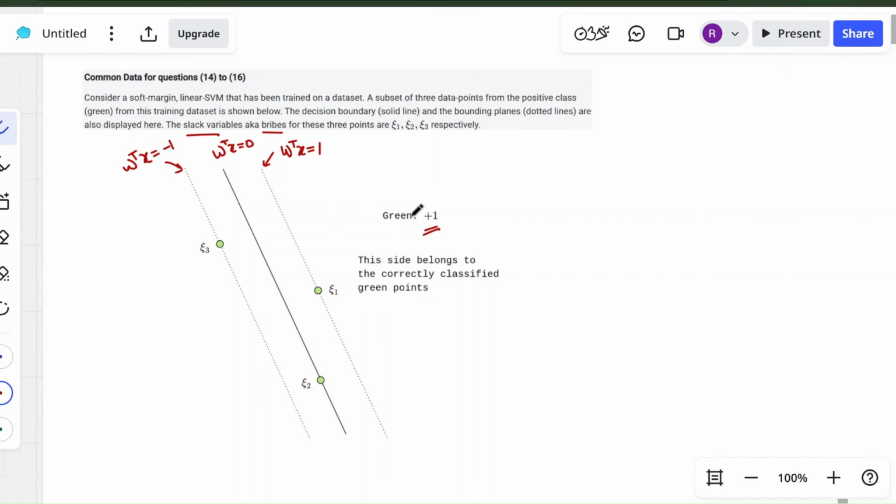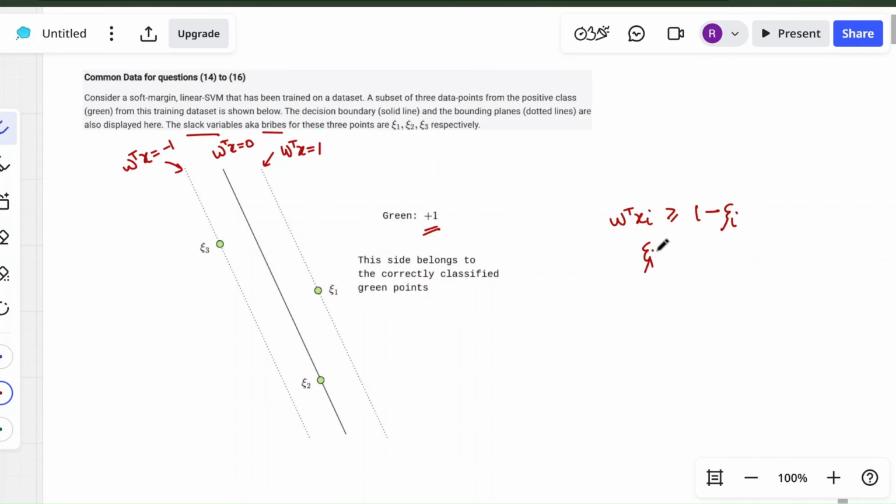So let me say something about these bribes. We have some constraints which say that 1 minus yi times W transpose xi has to be bigger than or equal to, or I should have written it the other way around. yi times W transpose xi is bigger than or equal to 1 minus zeta i, right?